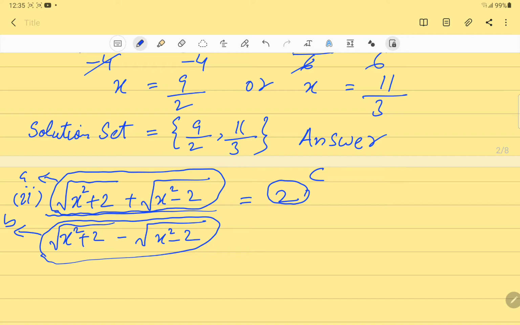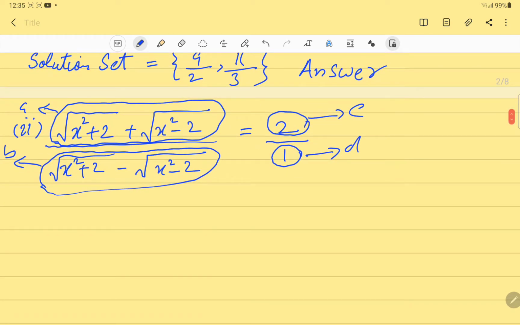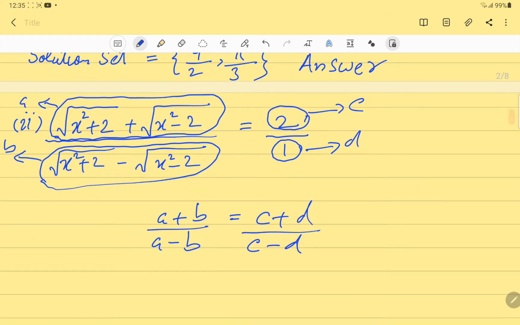Okay, when there is no D, we can simply divide by 1 and we can consider this one as D. Now our formula is, which is Componendo and Dividendo theorem, A plus B over A minus B is equal to C plus D over C minus D.